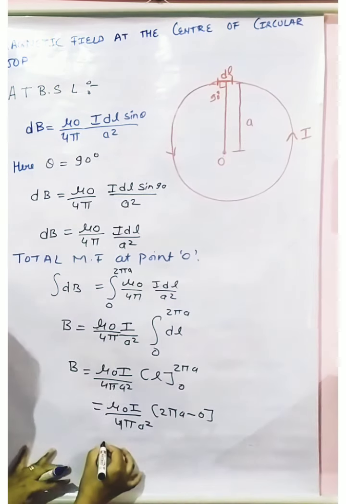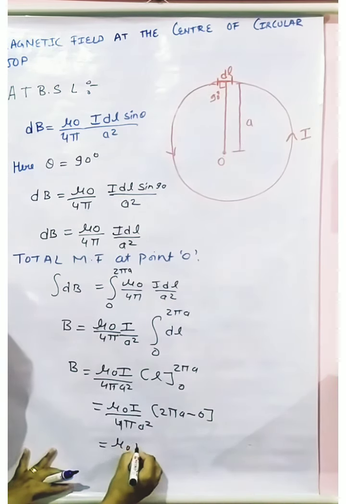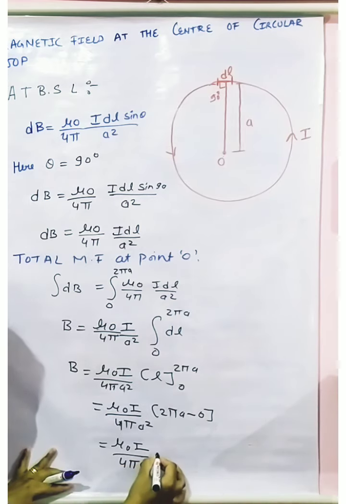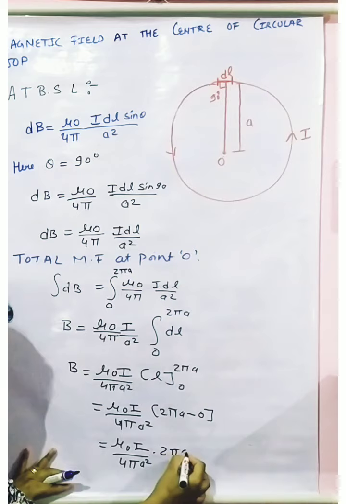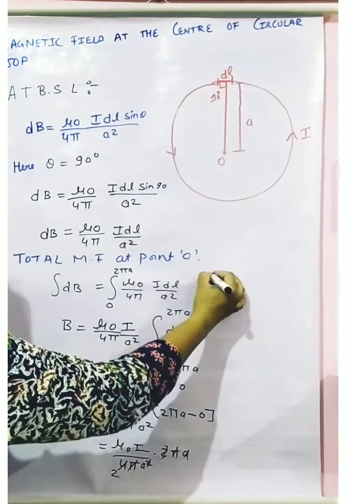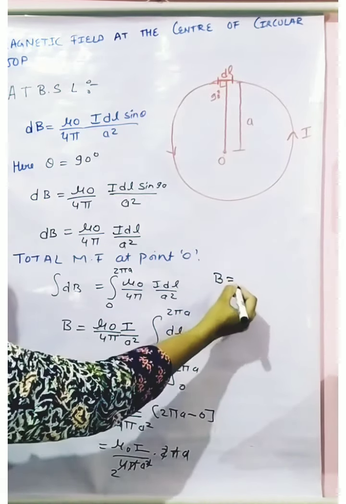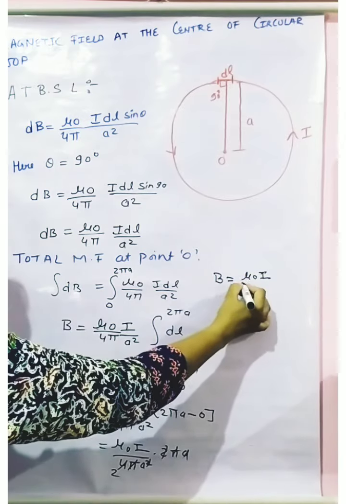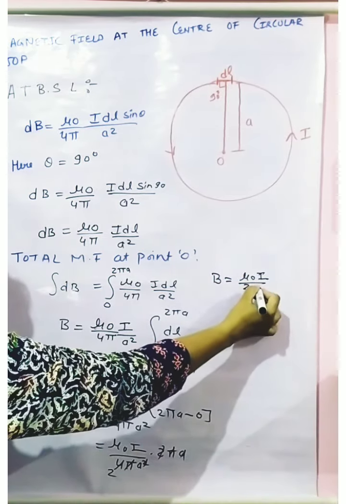Correct? So we have mu naught I upon 4 pi a square into 2 pi a. So 2 cancels, pi cancels, a cancels. I am left with my expression B is equal to mu naught I upon 2 a.